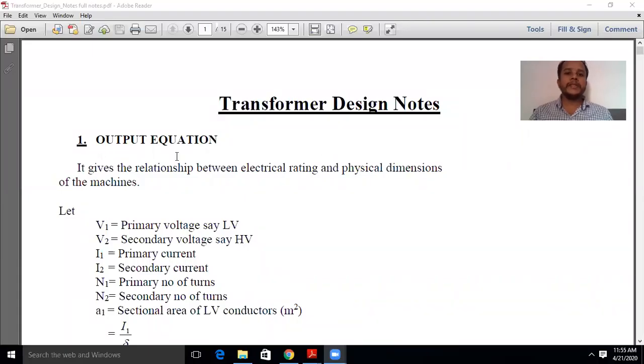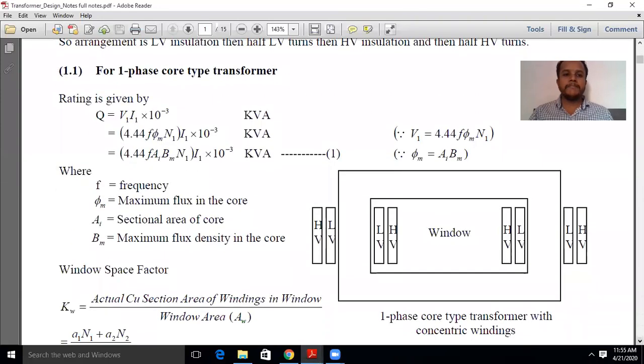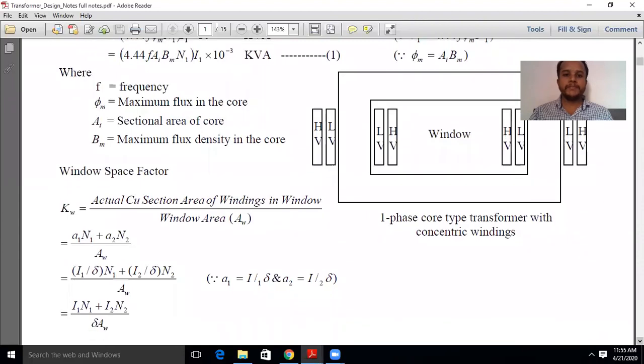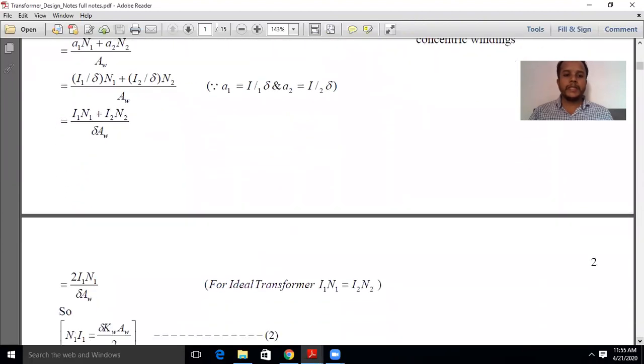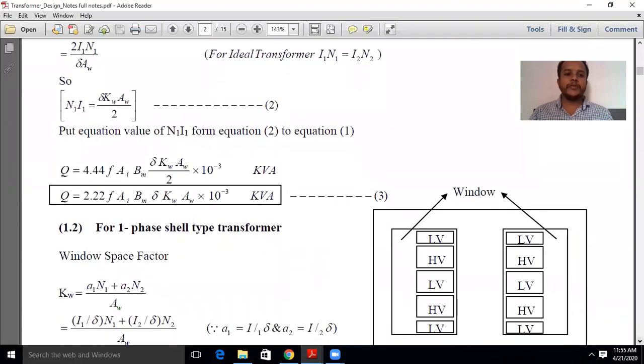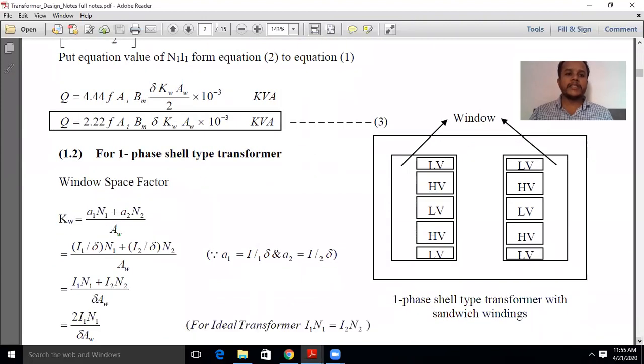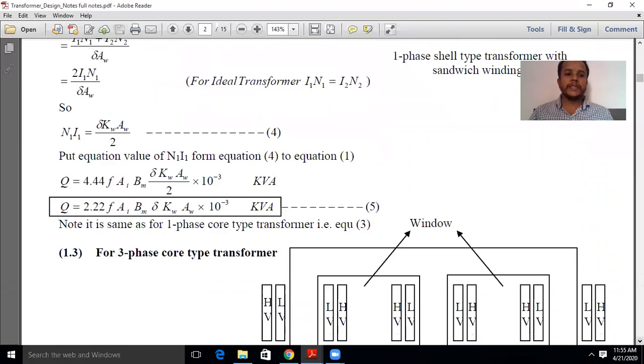The output equation for the single phase core-type transformer is 2.22 FAI BM delta KW AW into 10 to minus 3. For the single phase shell-type transformer, the output equation is 2.22 FAI BM delta KW AW into 10 to minus 3.